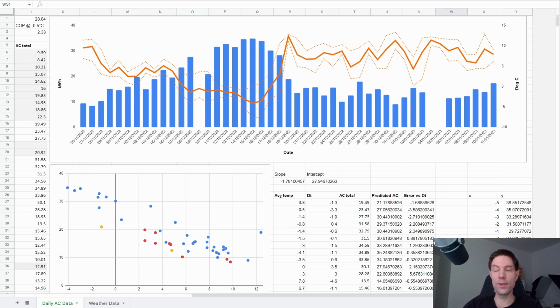But yeah, so this is basically all of the weather data and heating data over the last couple of months since we were able to start monitoring the heat pump system. So what I've done is I've plugged in the two different outside units to smart plugs. So actually I'm using the GivEnergy smart plugs.